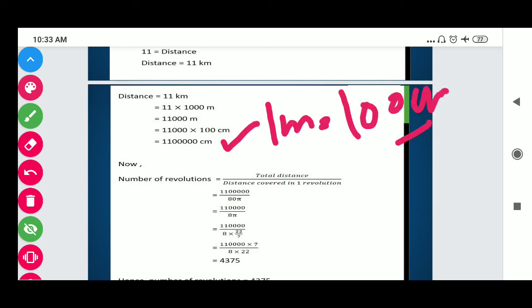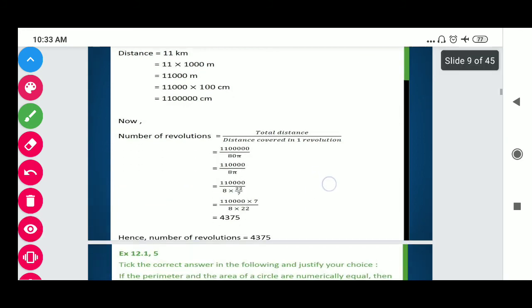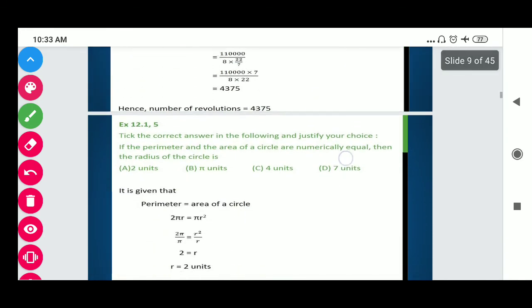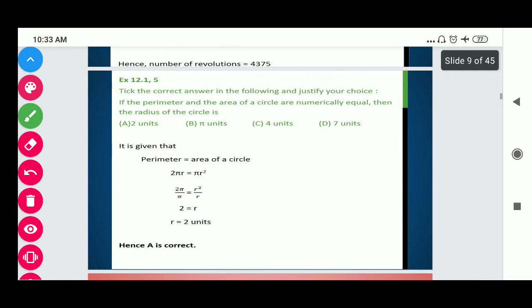In this way we get 11 with 5 zeros. Okay, it means 11 lakh centimeter. So the number of revolutions is equal to total distance over distance covered in one revolution. By putting the value, we know that pi is equal to 22/7. By cancelling and dividing, we get 4375. These are the number of revolutions.